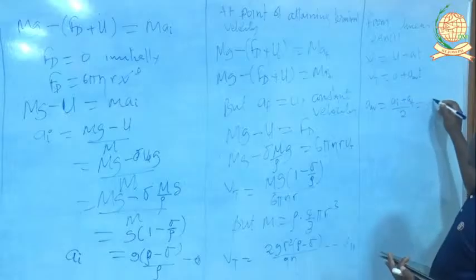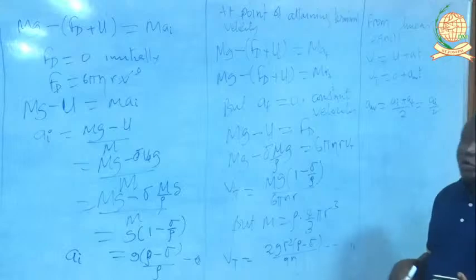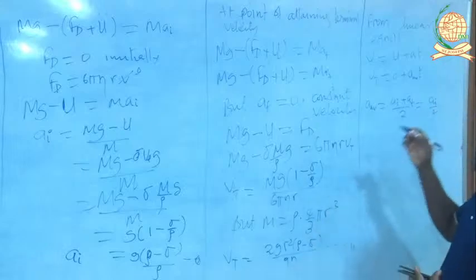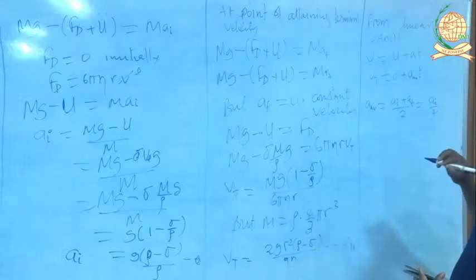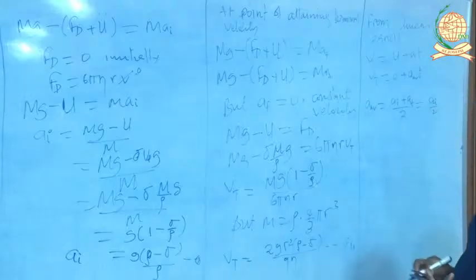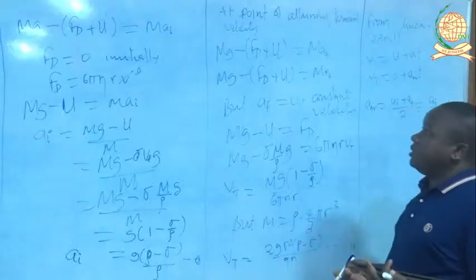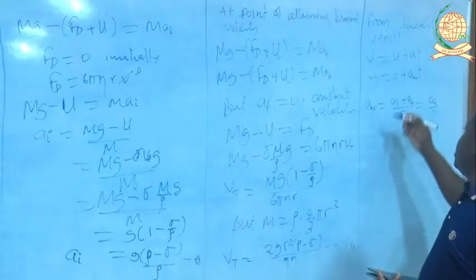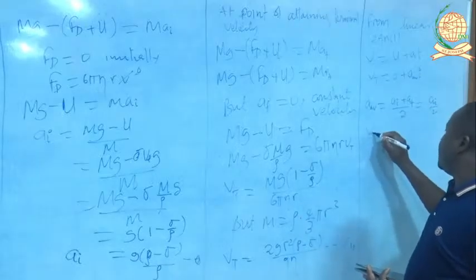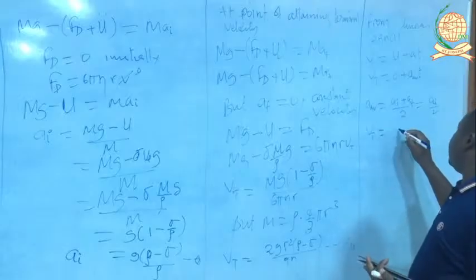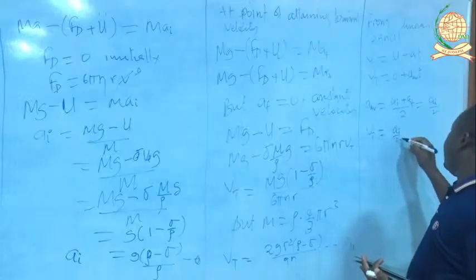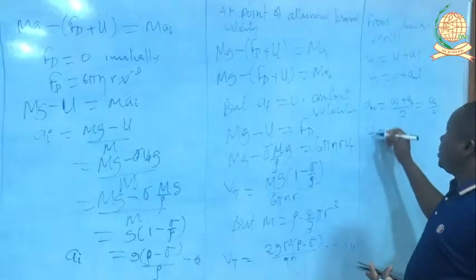So 0 plus this one is equal to a over 2. So even if you are not given, the average acceleration is half of the initial acceleration because the final acceleration is 0. So terminal velocity now equals a over 2 times t.